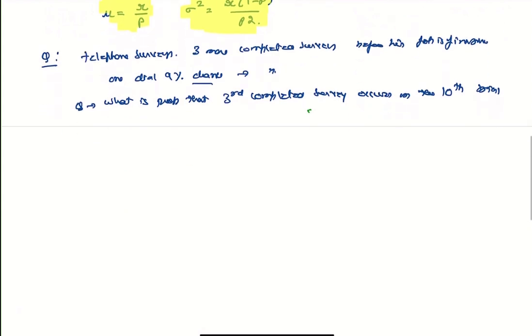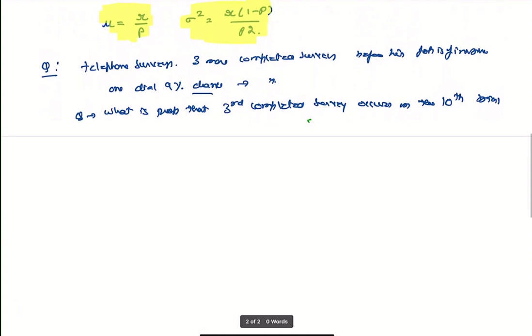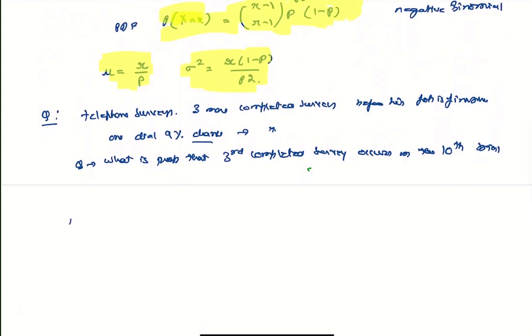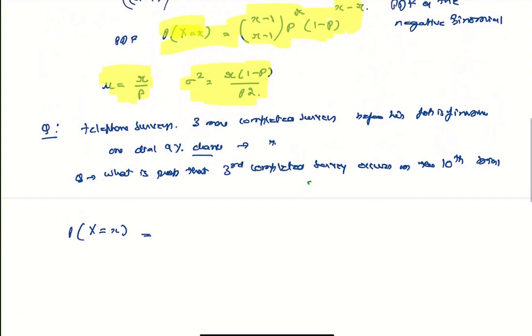So this is a negative binomial problem, and we're going to solve it with the formula P of X equal to little x, which is x minus 1 choose r minus 1, probability to the r, 1 minus probability to the x minus r.